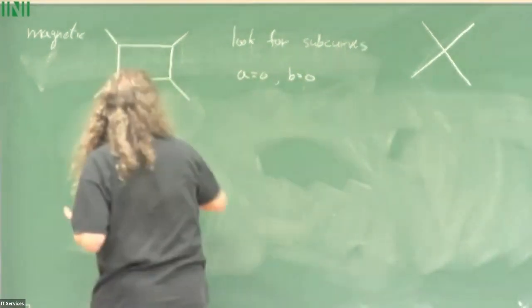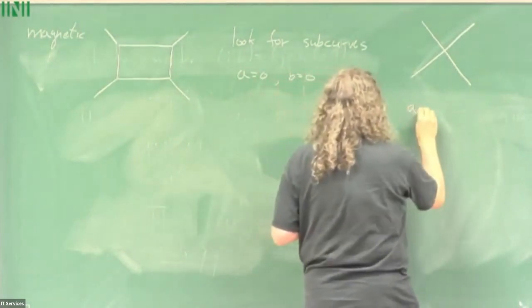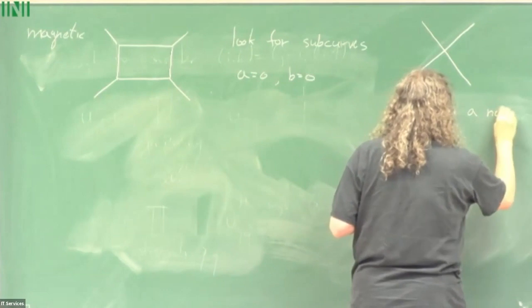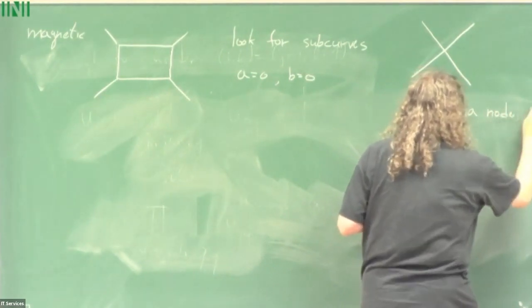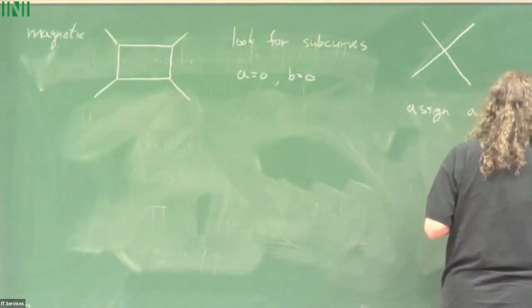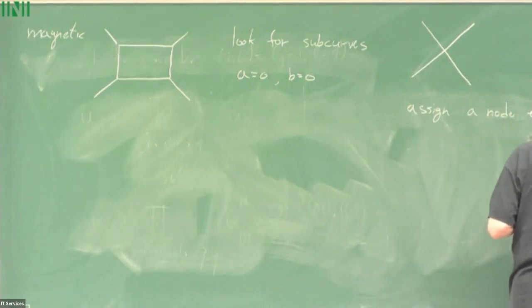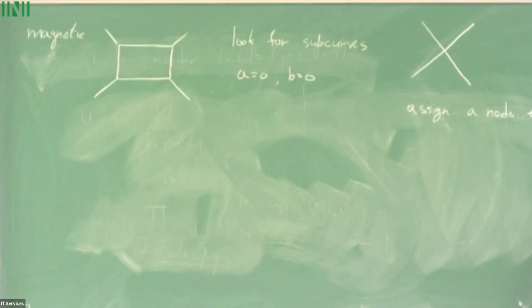I will assign a node to each subcurve with label 1, or more generally, a number of copies.